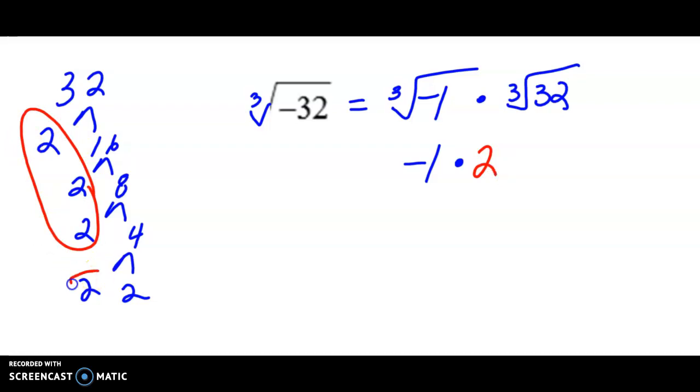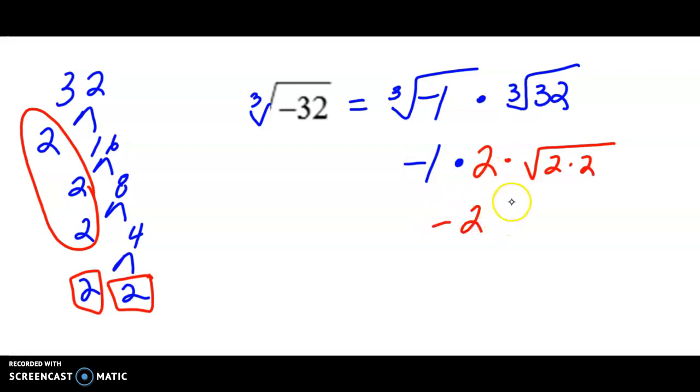And then I have this 2 and this 2 that have to stay underneath the radical, because in order for it to come out from underneath the radical, you would need 3 of them because it's a cube root. So under the radical is 2 times 2. And then you just go ahead and simplify this. Negative 1 times 2 is negative 2, and then 2 times 2 is 4, so it's the cube root of 4.